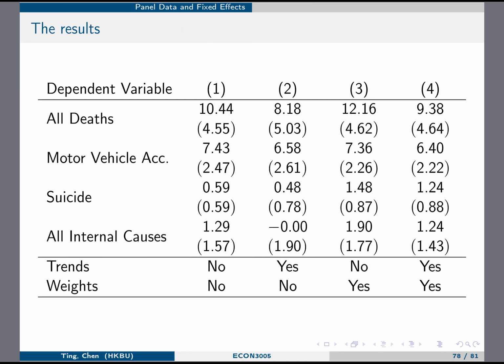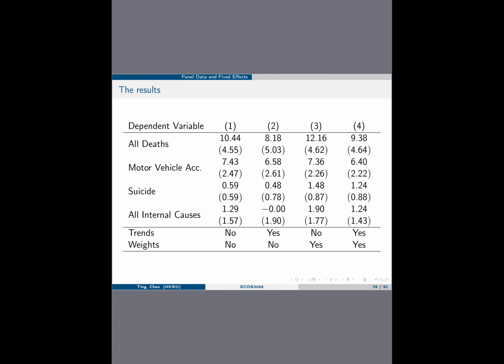So remember we said you can have different types of reasons for dying, right? We can actually use the death rates by car accidents compared to death rates by other internal causes like cancer as the robustness check for our result.